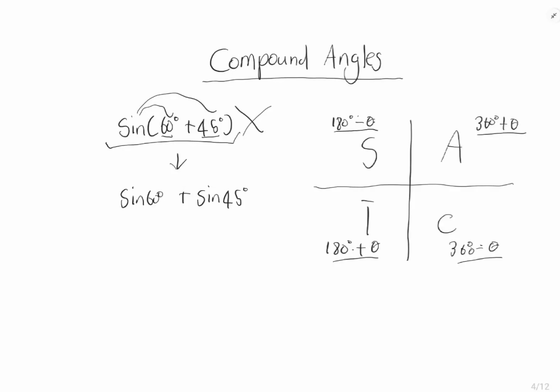Never do that again. Please do not do that when it comes to trig ratios. Because this is one thing: it's one angle in as much as there are two angles. They are just separated somehow. So again, how are we going to evaluate this?